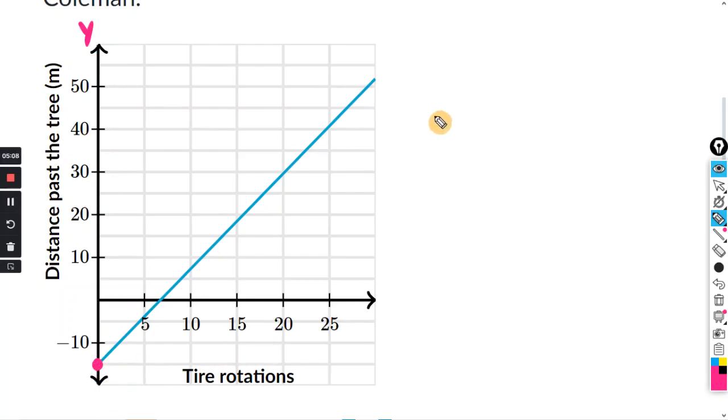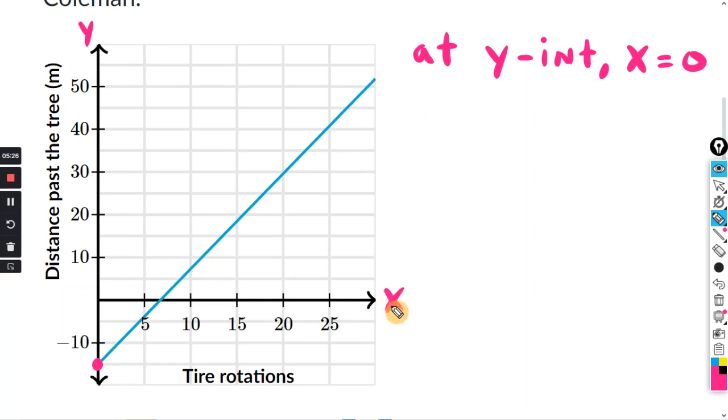And at the y-intercept, x equals 0, because the y-axis is right here. This is the x-axis, and if you trace to the left, this whole line, the y-axis, is actually x equals 0. So at the y-intercept, x equals 0.